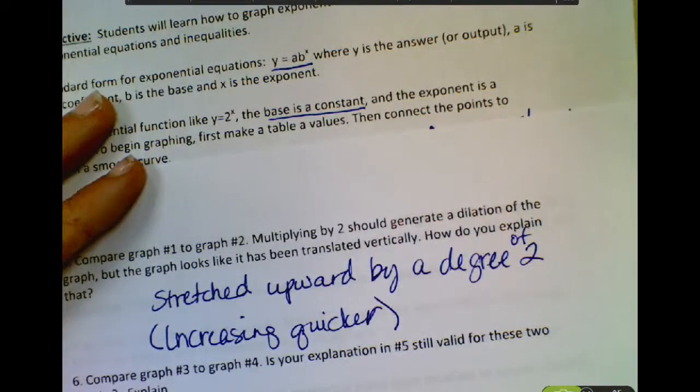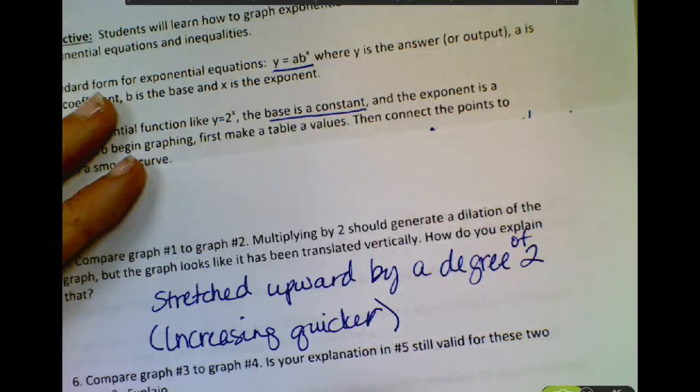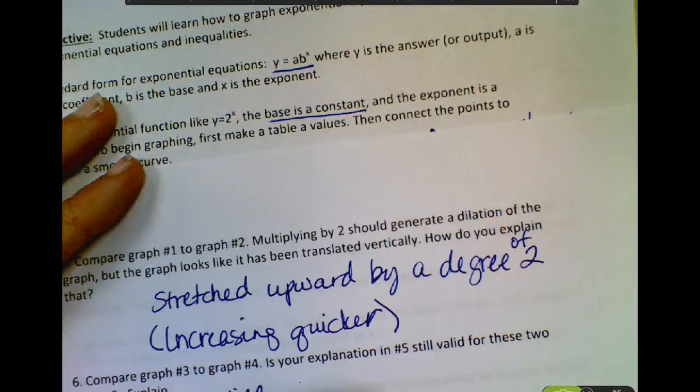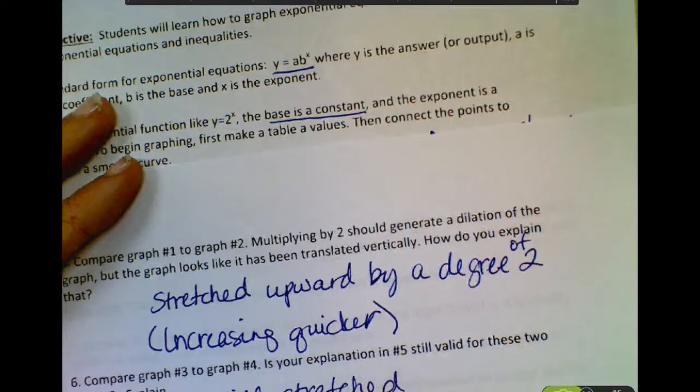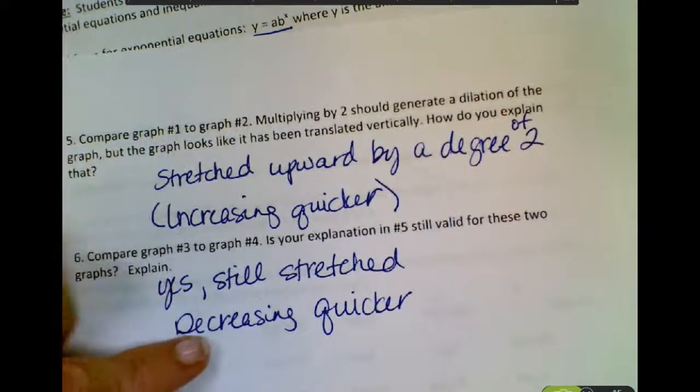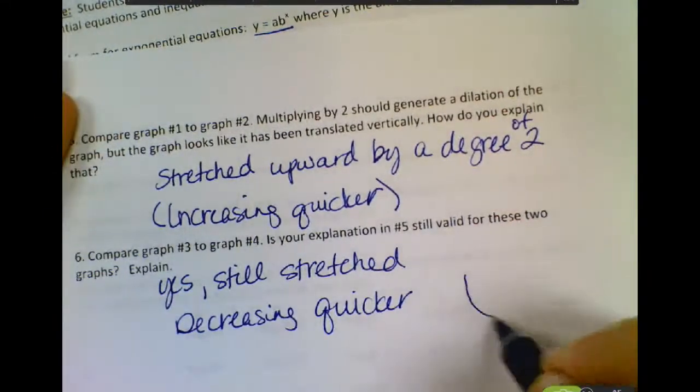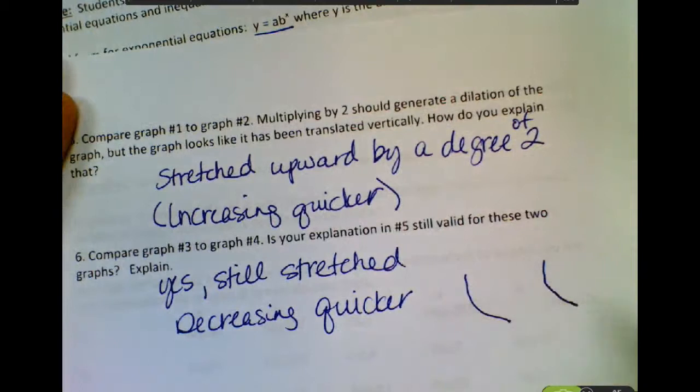Getting smaller and smaller and smaller really quickly because it's a decay function. Okay? Yes, still stretched by 2. But instead, it's not increasing quicker. It is decreasing quicker because it's on a decline. It was this compared to this. This one's much steeper. Okay? Good. Let's go to the next section.